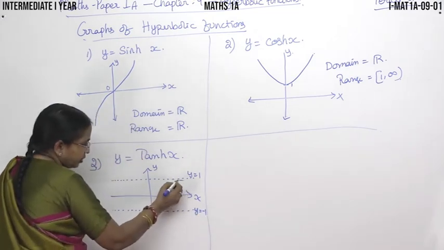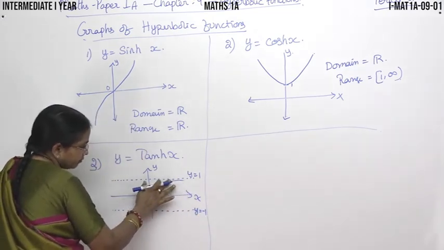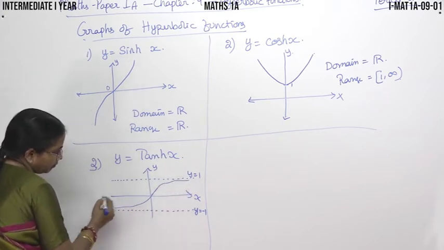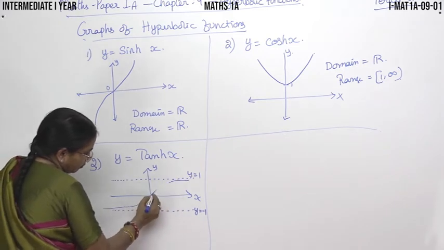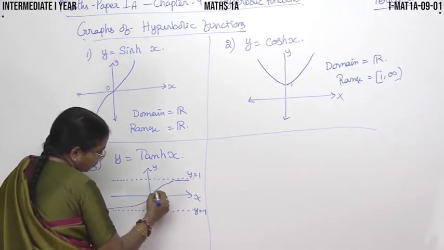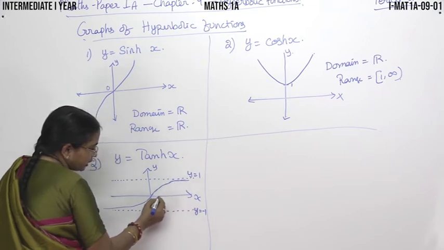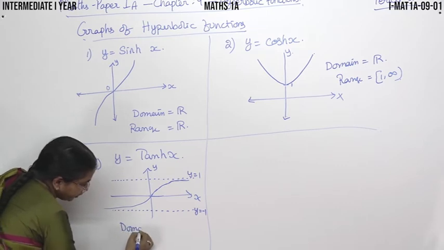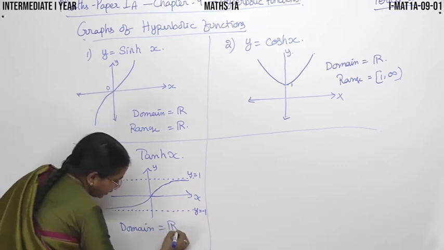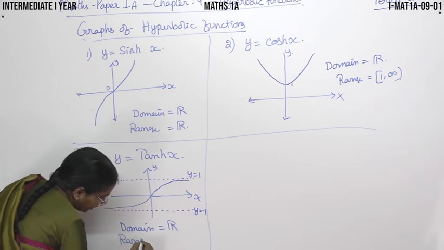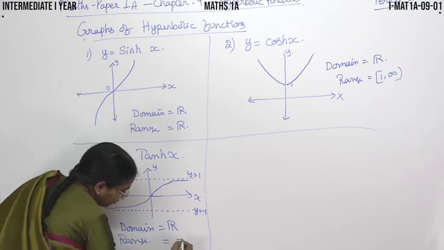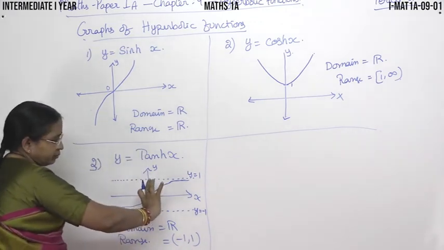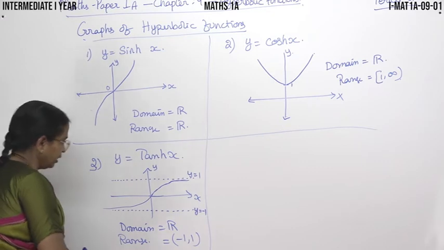So your graph will be like this. All these are there in your textbook, you can just go through. Here the domain is the real number set and the range lies between minus 1 and 1. So this is the domain and range.